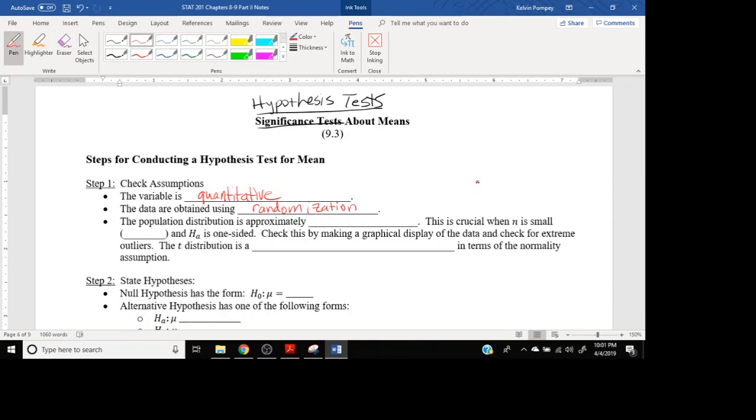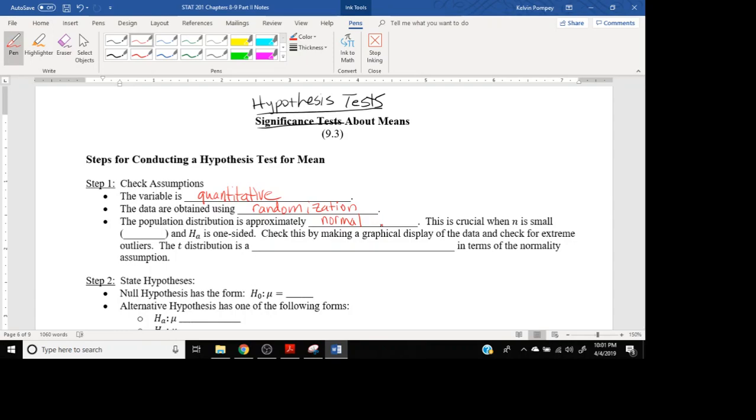The third and last assumption is that the population distribution is approximately normal. Remember, normal is basically the same thing as saying bell-shaped, okay? Now, our central limit theorem applies when we have quantitative variables.